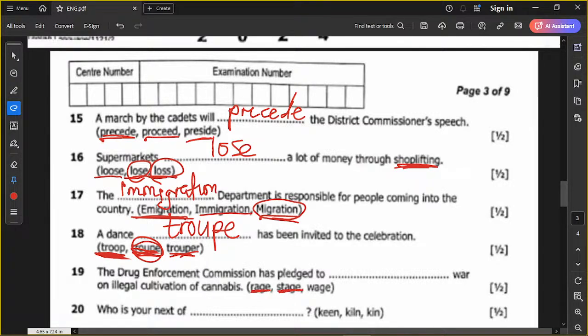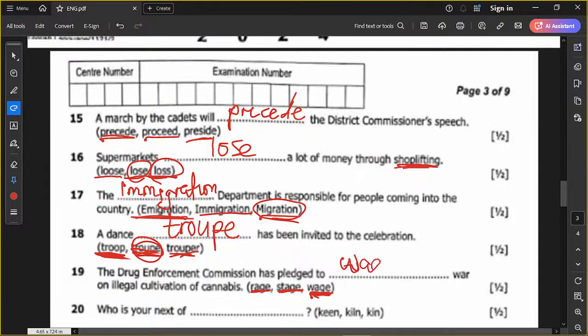Stage, this is a raised platform where someone can perform or stand and give a speech. So you give a stage to someone who wants to showcase something or address the people. Then wage, you can use this one as has waged war on illegal cultivation of cannabis. So we say wage.